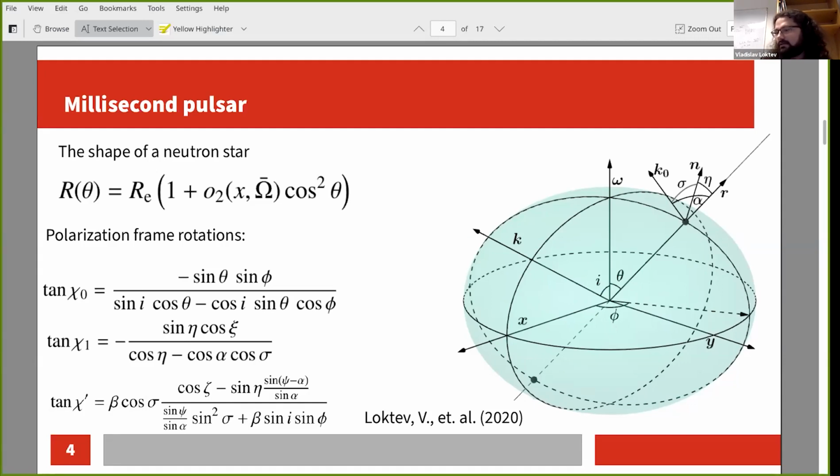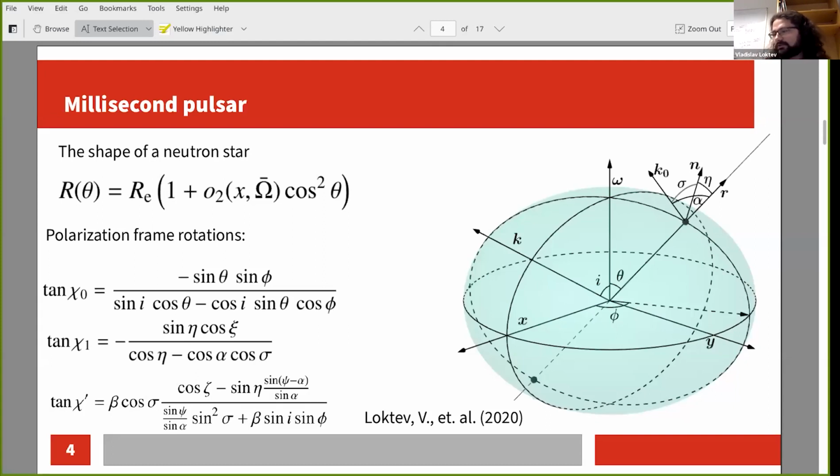So we have basically two stages where the polarization frame effectively rotates: the general relativity effects due to the gravity of the black hole or neutron star, and the special relativity effect because millisecond pulsars have relativistic surface velocities. We also need to take into account the oblate shape at some point in between.